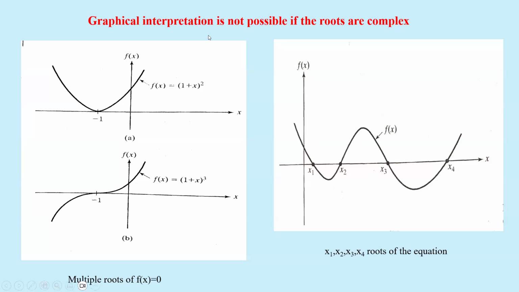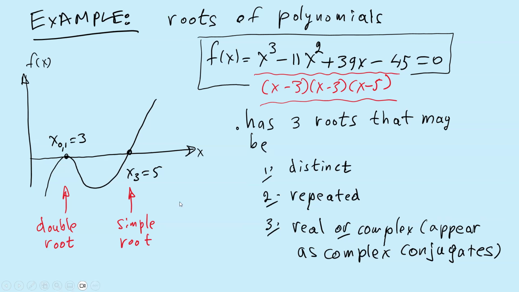And again, by graphical interpretation, we cannot find the complex roots. For example, we have this function, and this function has 3 roots. We have a multiple root or double root at point 3, and we have a simple root at point 5.